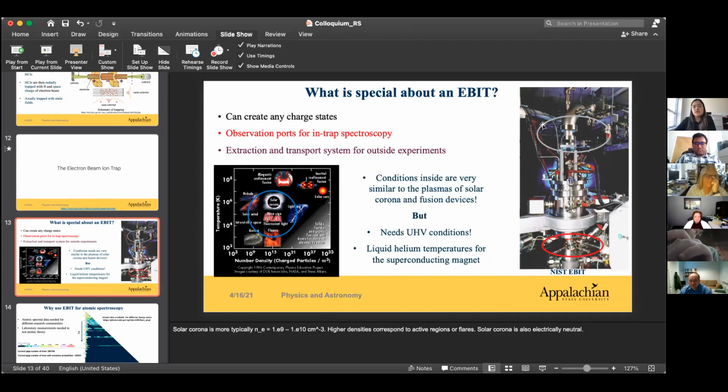In addition, you can not only look at the trap and do spectroscopy, but also extract these ions and send them for other experiments, right? Just to remind you, the conditions inside the EBIT are similar to what's shown in this plot. The temperatures are around 10 to the 5 Kelvin, and the density is around 10 to the 13 particles per cubic meter.